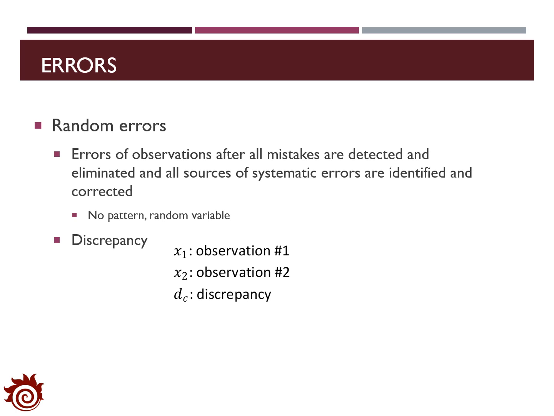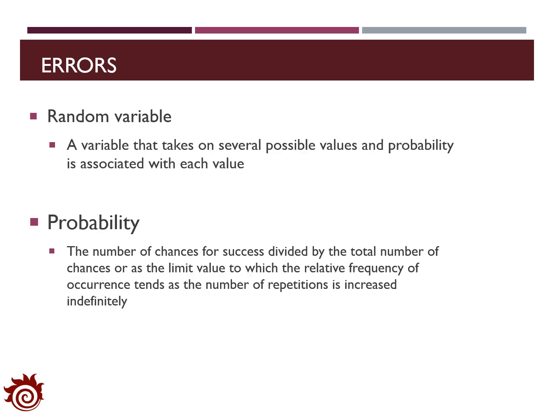In random error, we have to consider the discrepancy about different observations of the same measurement. Assume that x1 is observation number 1 and x2 is number 2, then discrepancy dc can be defined as x1 minus x2. Here we specify that random error is a random variable.